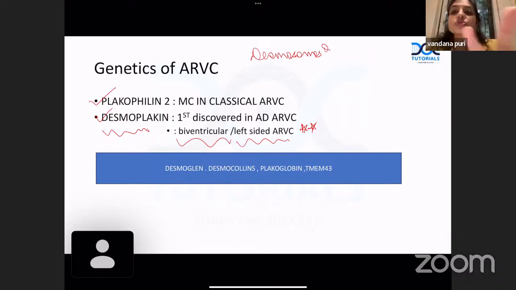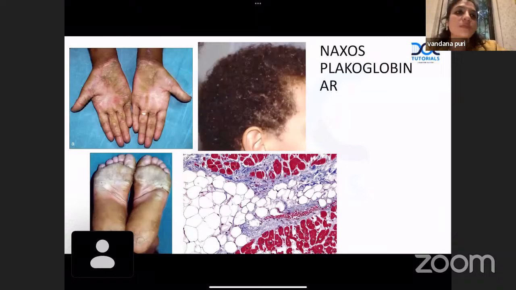Now, there are two syndromic associations with ARVC. As I told you, these are defects of desmosomes which predominantly affect skin and heart. So these are skin and heart syndromes called cutaneocardiac syndromes. The first syndrome here is Naxos syndrome. Remember, Naxos syndrome is a defect of plakoglobin. It is autosomal recessive in inheritance, and both the syndromes are autosomal recessive.